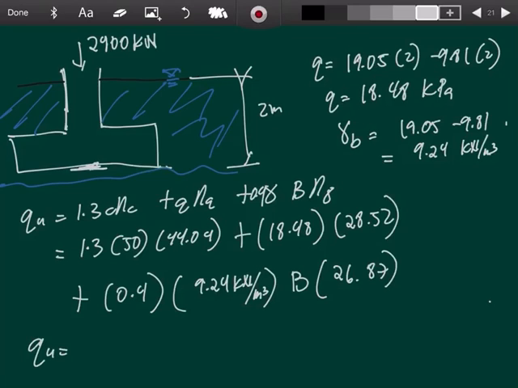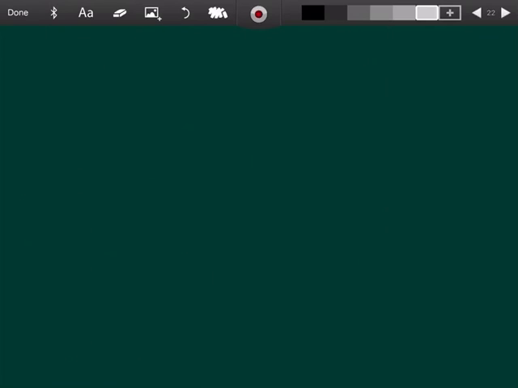So, i-plus pa lang pala natin ay yung first two terms, that is 3389.65 plus, separate natin, 0.4 times 9.24 times 26.87. That is 99.31 B.